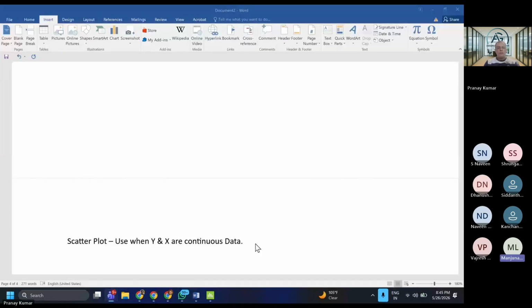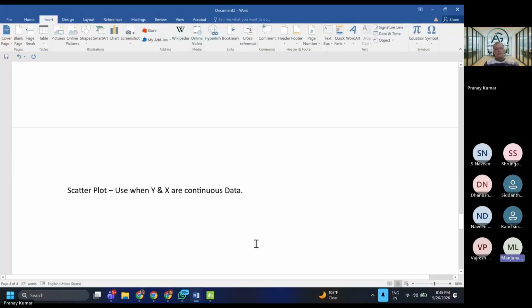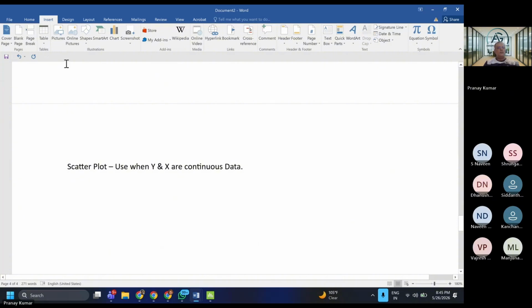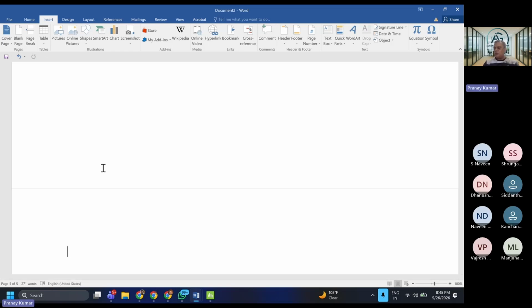Sir, will correlation be affected by outliers if they are present in the data? Hold your horses. We'll talk about all this a little later. When I talk about some other values, we'll look at it. Okay.